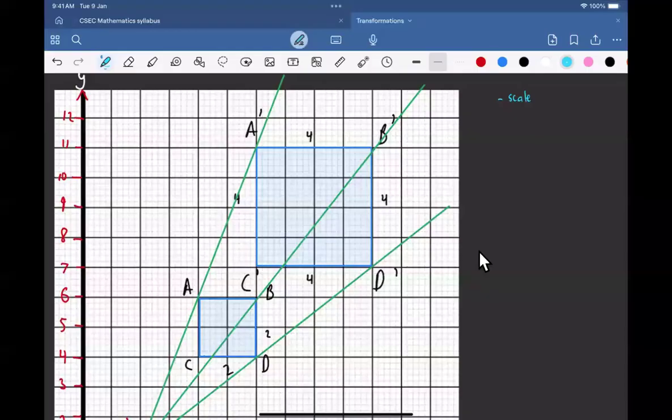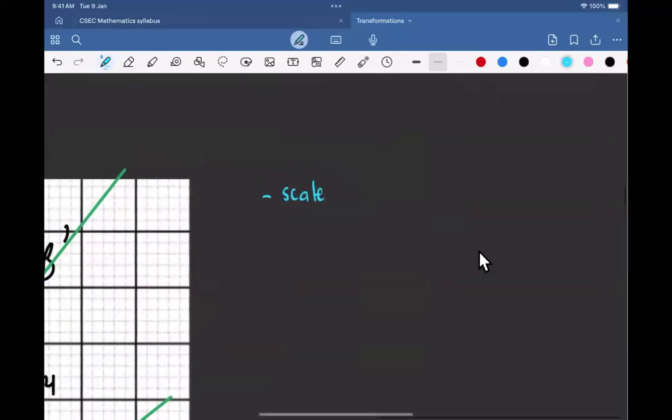And what was the length for the image? 4. So how much times 2 is 4? 2. Right, so 2 is the scale factor. In your description, you have to say the scale factor.